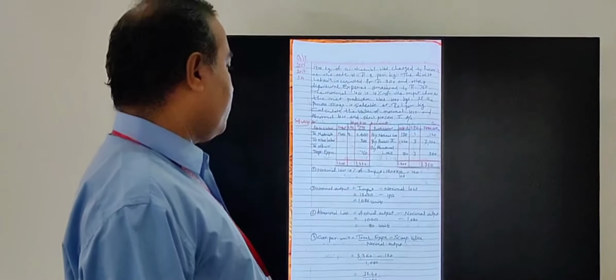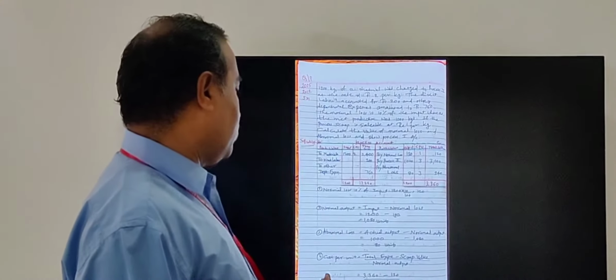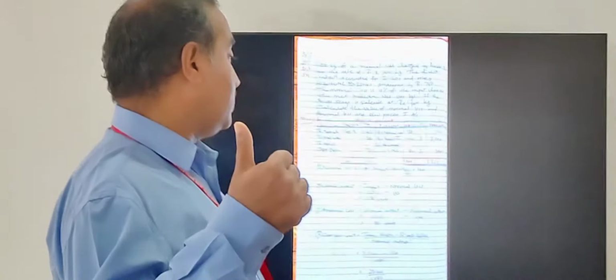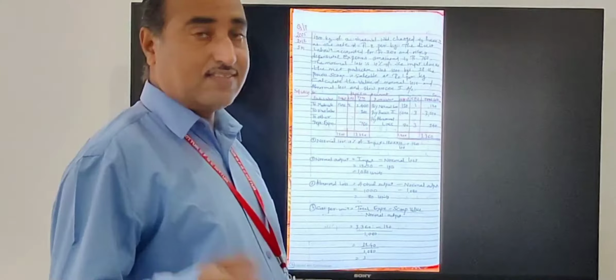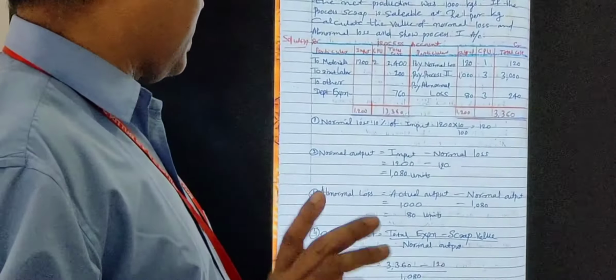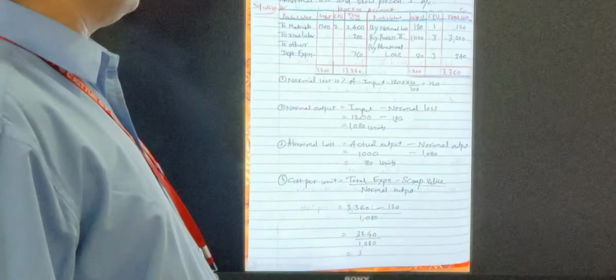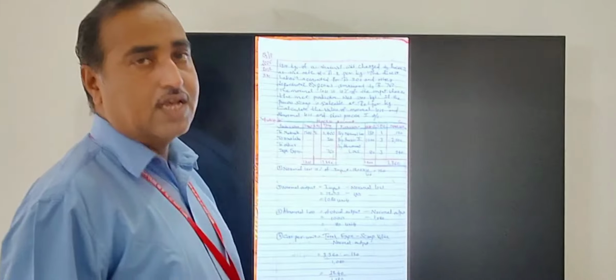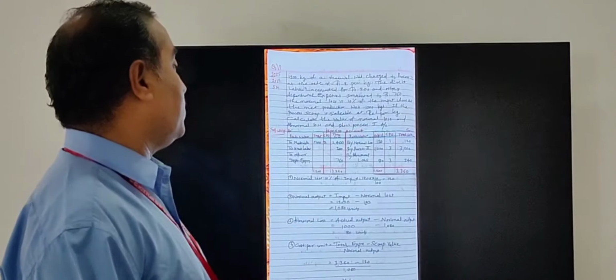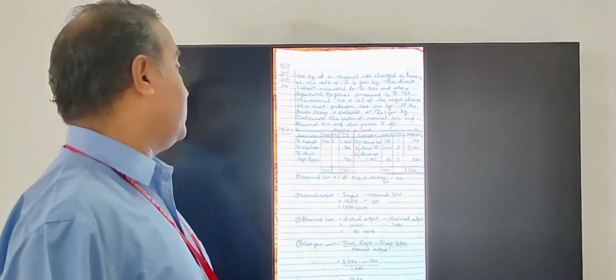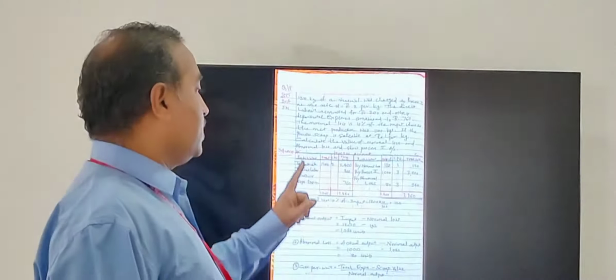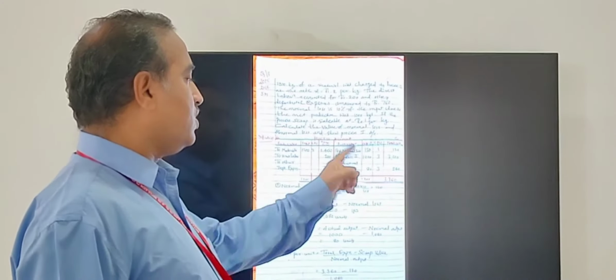Here, first in working notes we have to remember 4 things. One is normal loss, another is normal output, third is abnormal loss, fourth is cost per unit. Now in this situation, the normal loss is 10% of the input, they are telling. 10% of the input, think of only units. 1200, that 10% works out to 120.